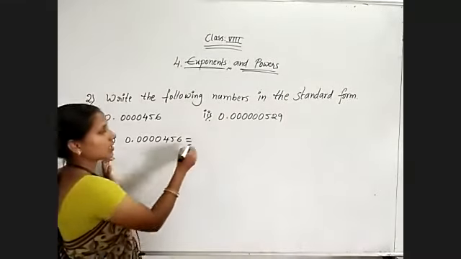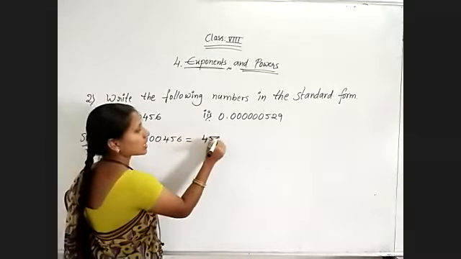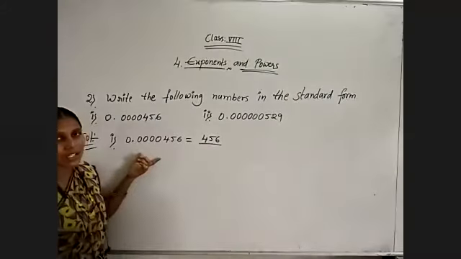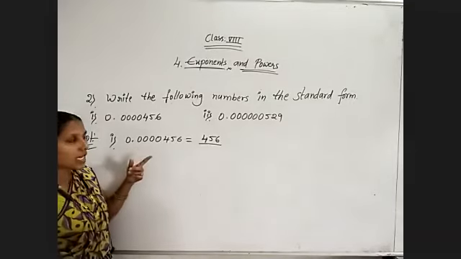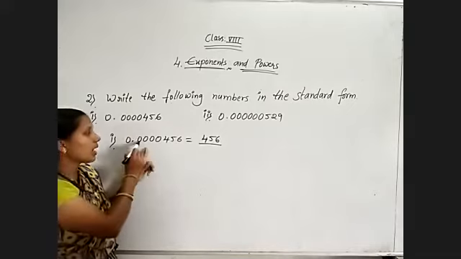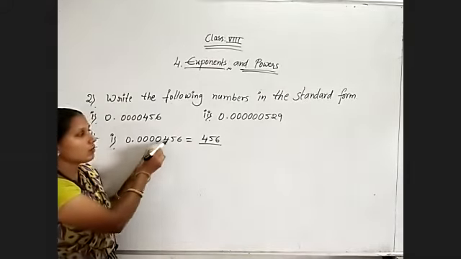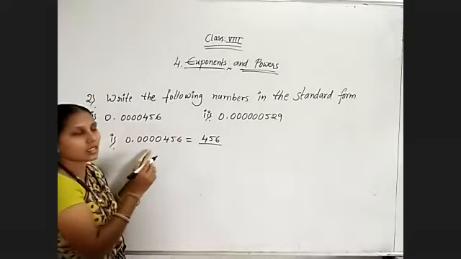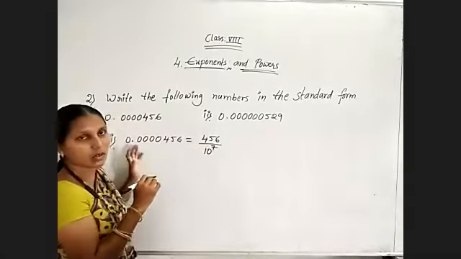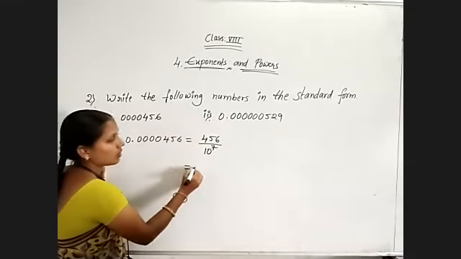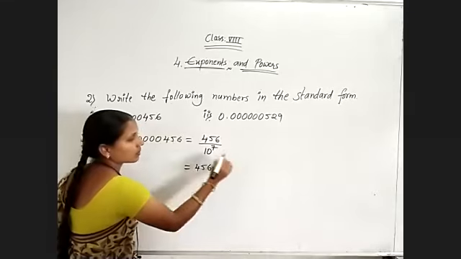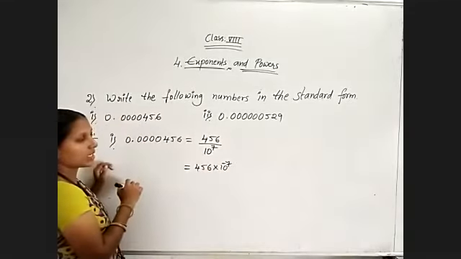We will write it first as a decimal fraction: 456 by 10 to the power of 7, since there are 7 decimal digits. So 456 into 10 power minus 7.